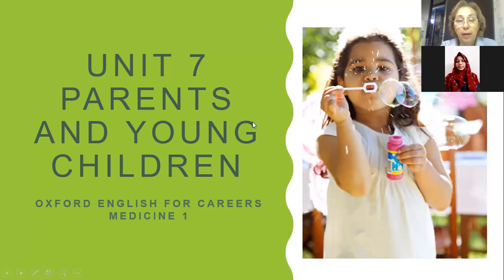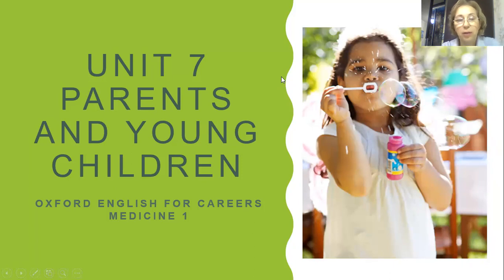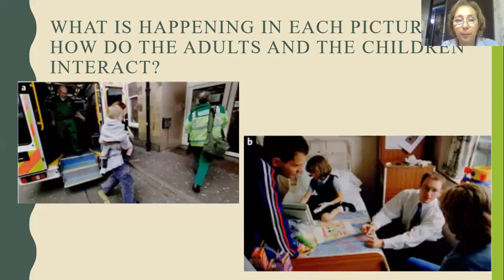Okay, good. So you see that today we are starting the new unit. This is unit 7, and it's called Parents and Young Children. And this is about caring for children, their diseases, and how to take care of them.